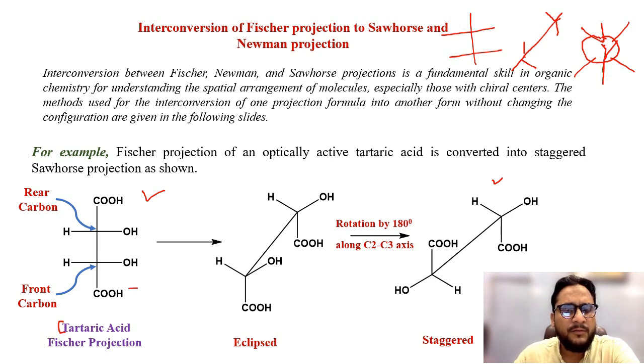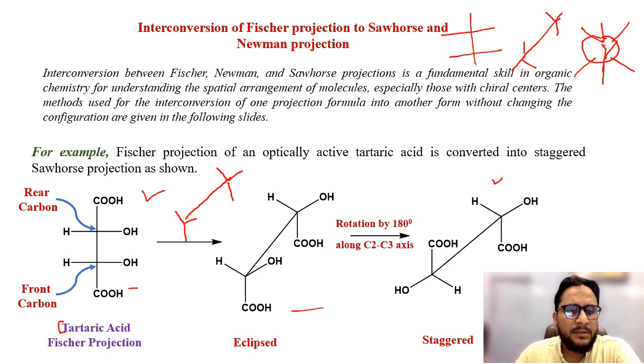Now if you want the Sawhorse form, the first step is to draw a slant oblique line, and draw two letter Y's, one at the top end of this line and the second at the bottom end, as shown over here.